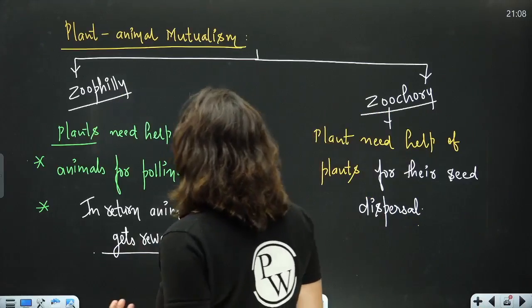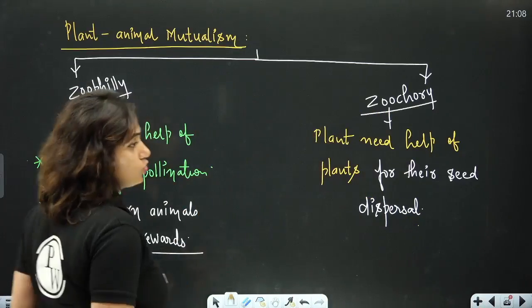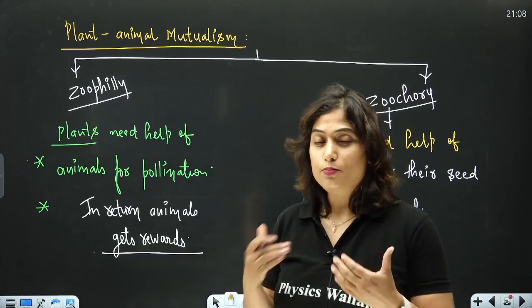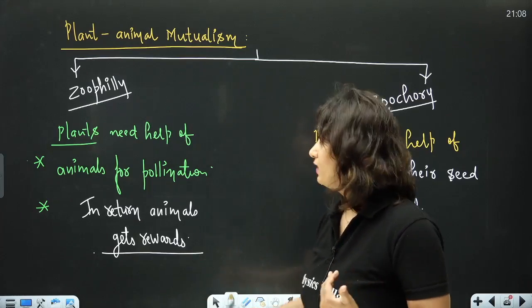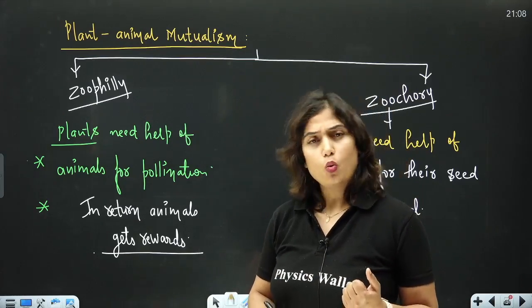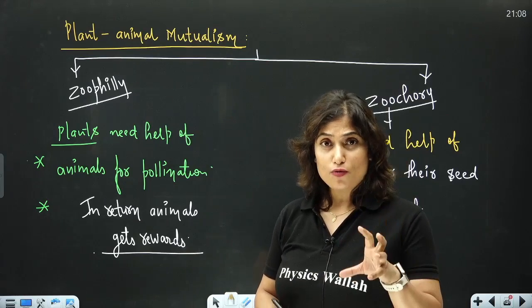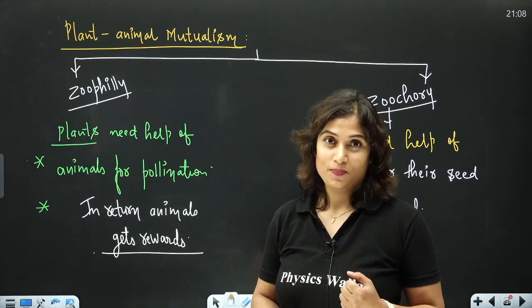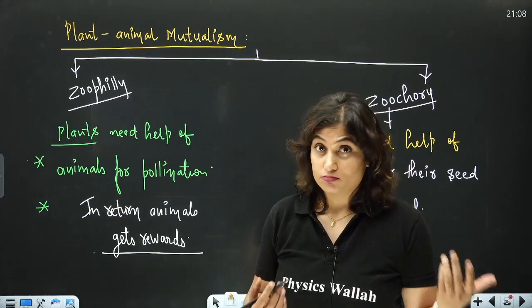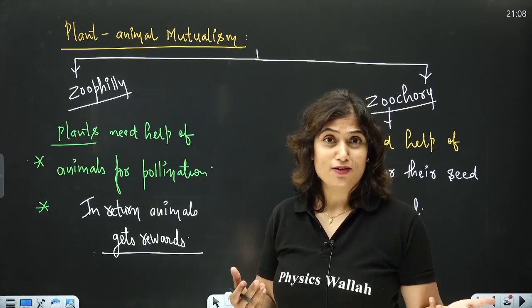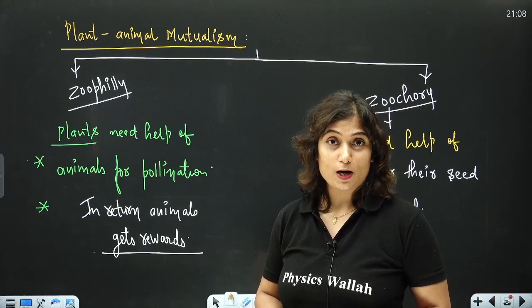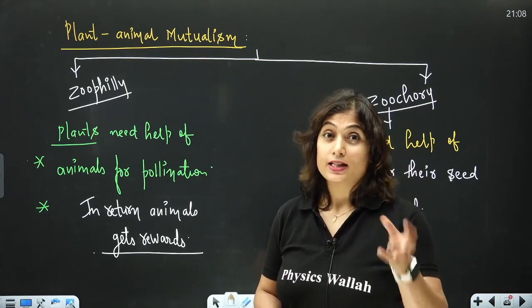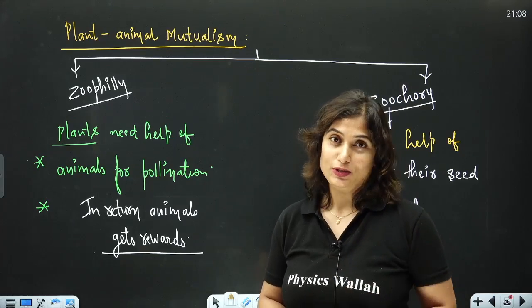Now, another example is plant-animal mutualism. We can see mutualism in plants and animals in the form of zoophily. What is zoophily? Zoophily is when animals help the plants in pollination. Insects, snails, snakes, elephants help the plants in pollination, and in turn the plants provide rewards to the animals.